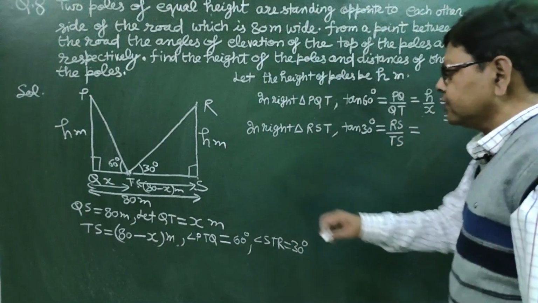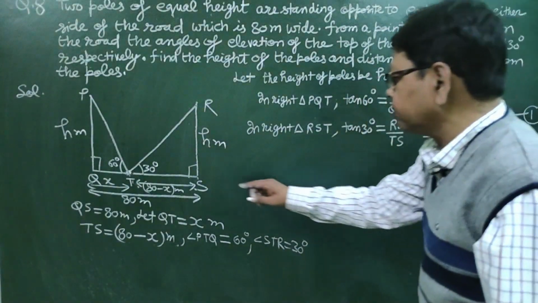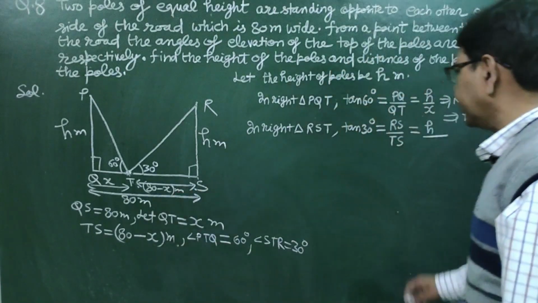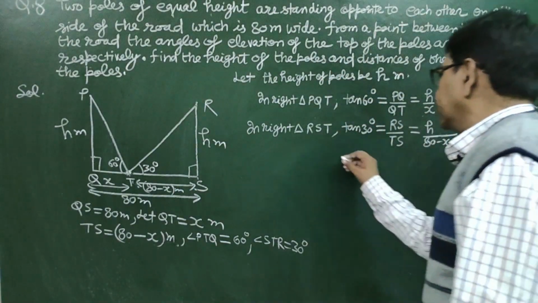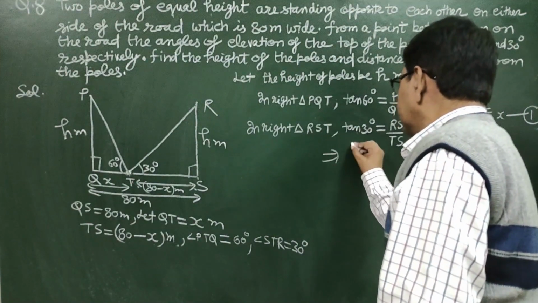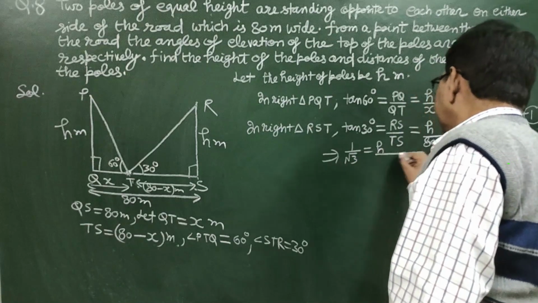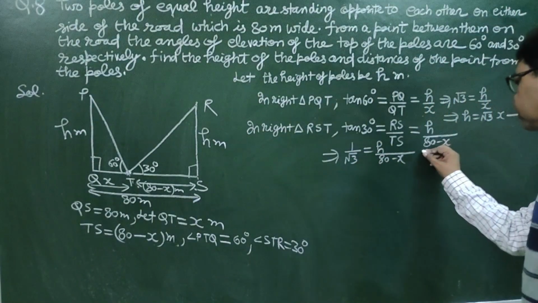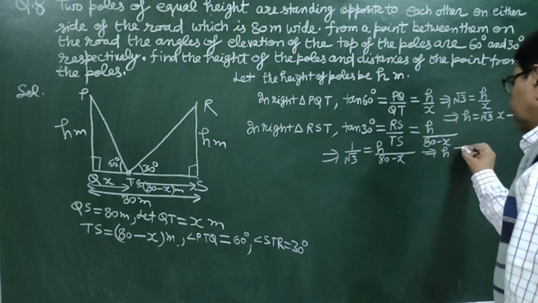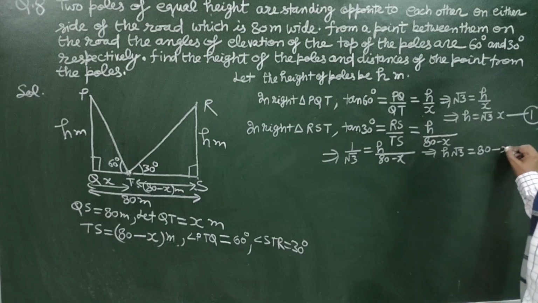The value of RS is h, and the value of TS is 80 minus x. So tan 30 degrees, which we know is 1 upon root 3, is equal to h upon 80 minus x, or on cross multiplication we get h root 3 is equal to 80 minus x.